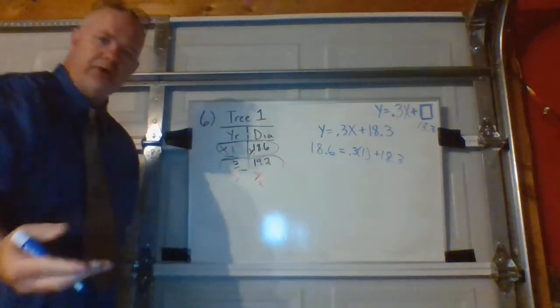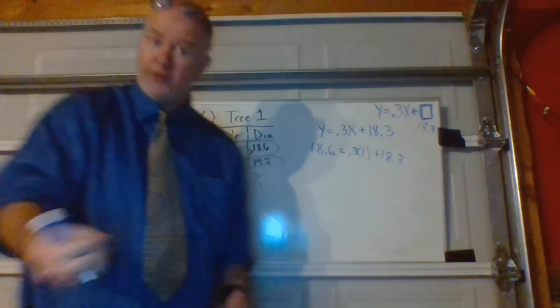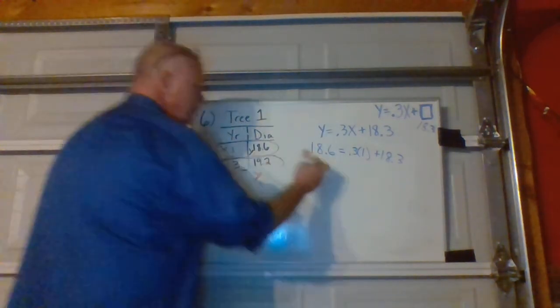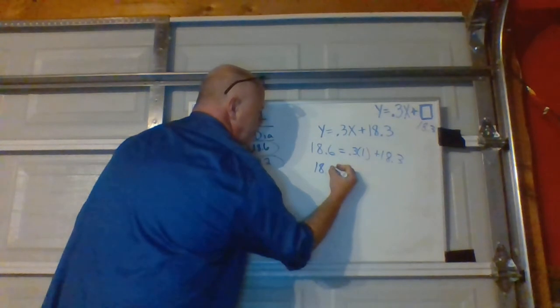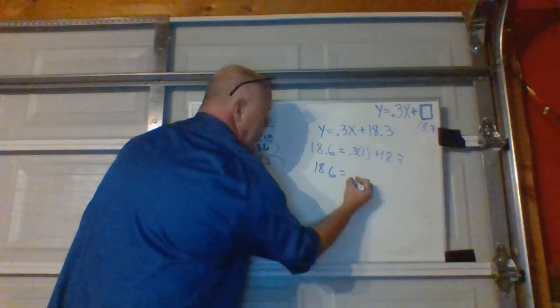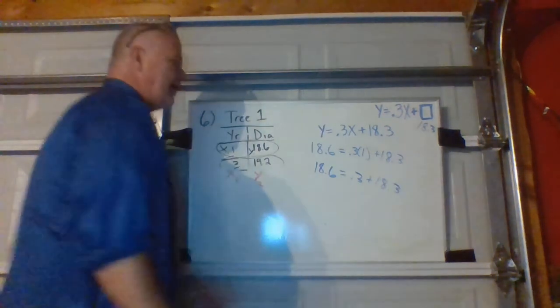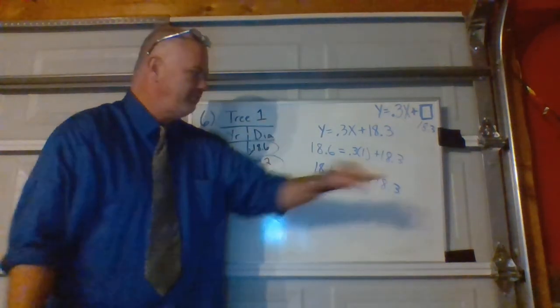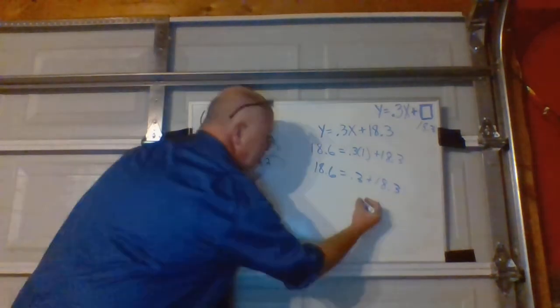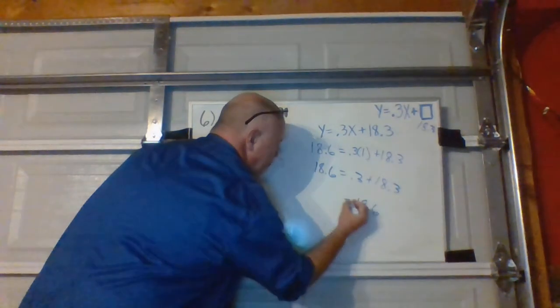Let's work this out to see if we get a match, because we should if it's correct. We get 18.6 equals 0.3 plus 18.3. As you can see, 0.3 plus 18.3 does indeed give us 18.6. We do get a match.